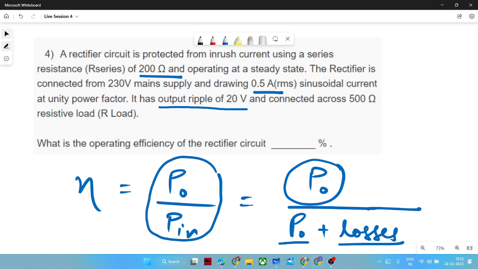But we have to stick to the capacitor because of our ripple. If you do not want a capacitor in your circuit, you need to move ahead with multi-phase rectifiers. In three-phase rectifiers, your ripples are reduced. That's another solution, but again it is costly.